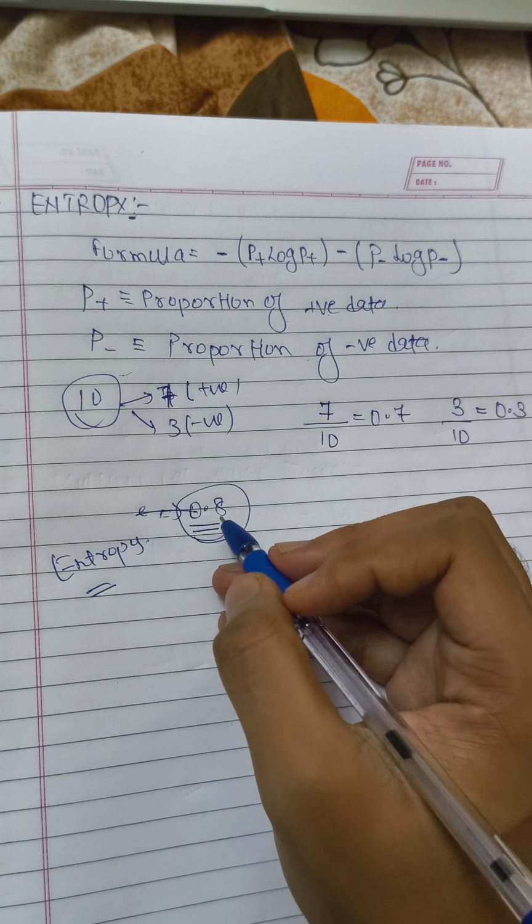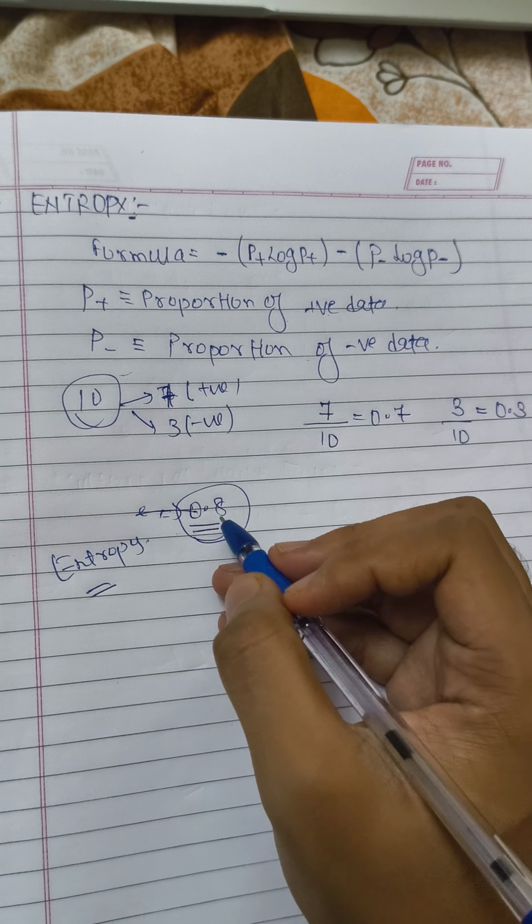Suppose if only one type of substance is present in a bucket or any storage item, then it is said to be pure. But if two or three types, a mixture of something, is present, then it is called impure. Like here we see, that is 7 and 3. So the impurity present here is 0.8 on calculating.